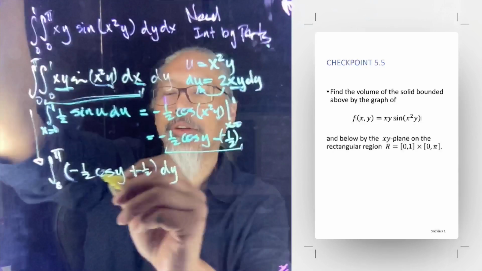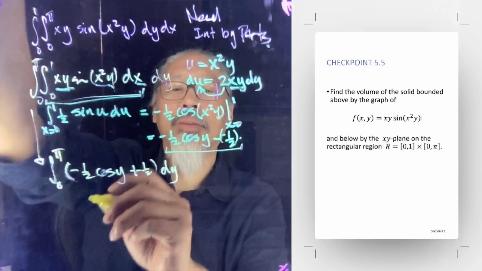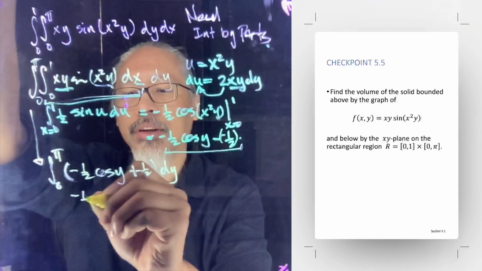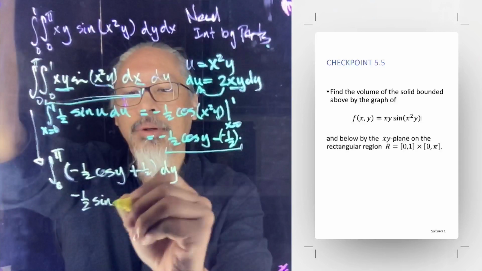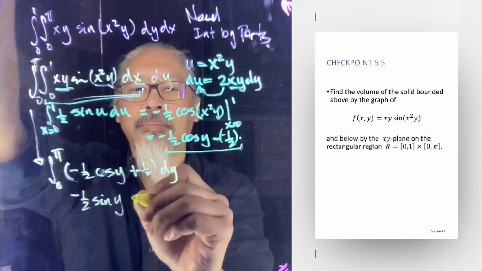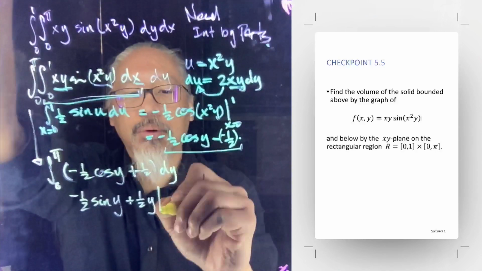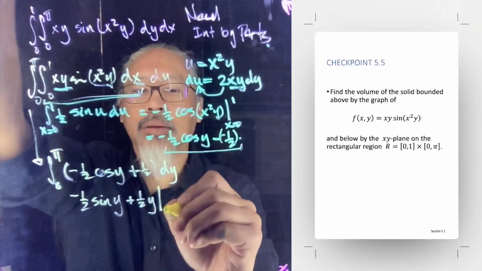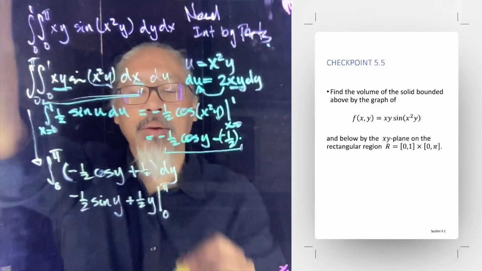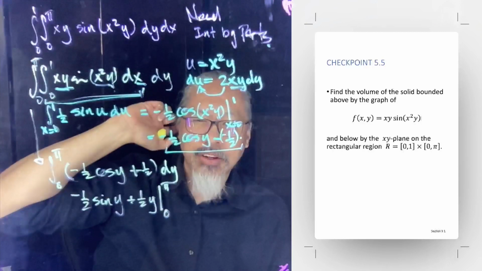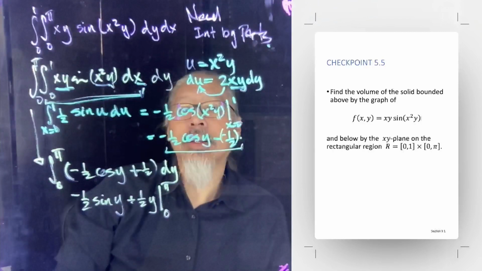The antiderivative of cosine is positive sine, but there's a negative 1/2 here. This becomes negative 1/2 sine y plus 1/2 y, and we evaluate from 0 to pi. We don't have any other variables, so it's a y that's going to go in there.